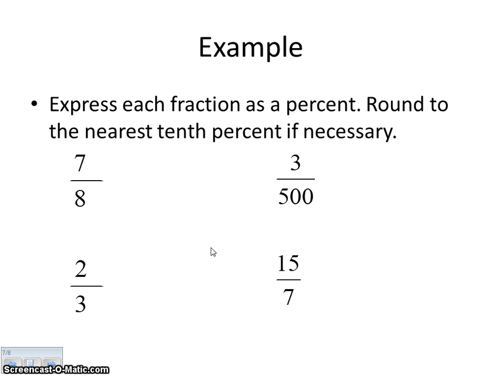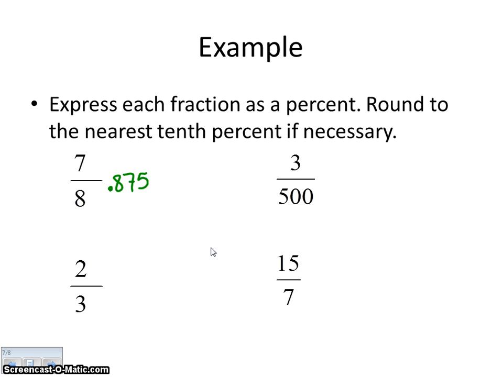Okay, and then this next example is asking us to express each fraction as a percent, round to the nearest 10th percent if necessary. Okay, so first of all, what I'd like you to do is I'd like you to write this fraction, 7/8, as a decimal. So in your calculator, you don't have to do it by hand, you can do the calculator. I would like you to divide 7 by 8, and you should get 0.875.